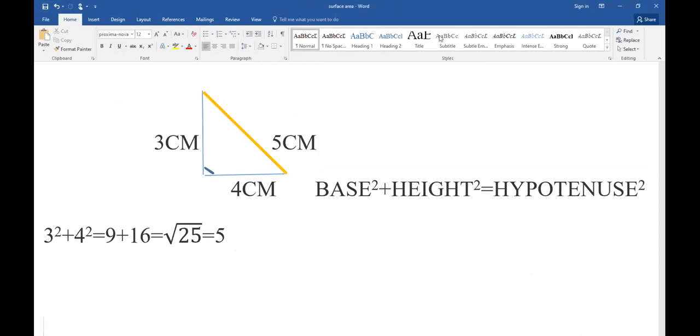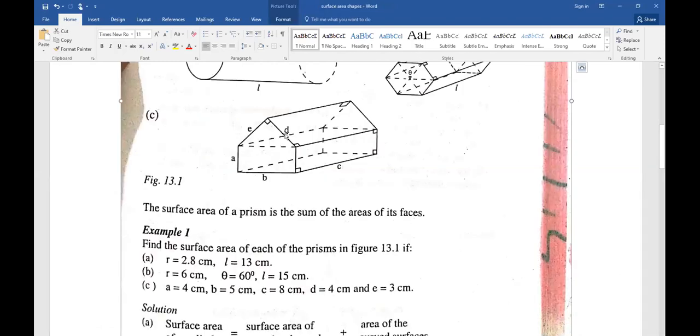So if we come back here, we can now find the area of this using half base times height. And then we have A and B. A and B is a rectangle. For a rectangle, we just find the length and the width. So it is 4 times 5. And then we have a half base times 4 times 3.